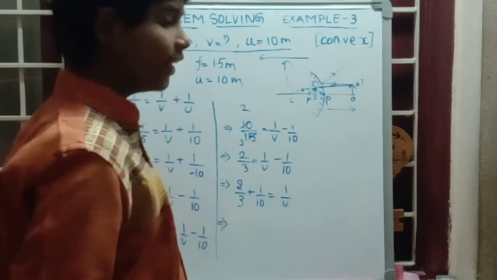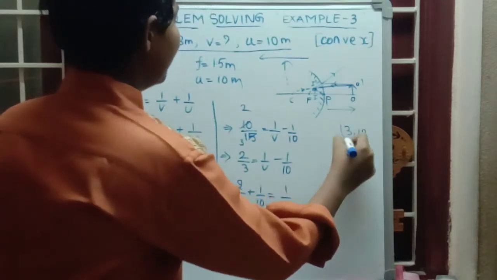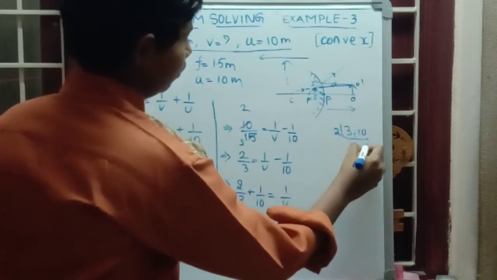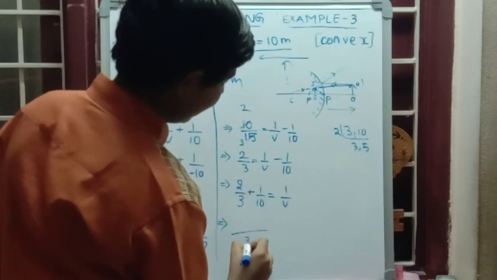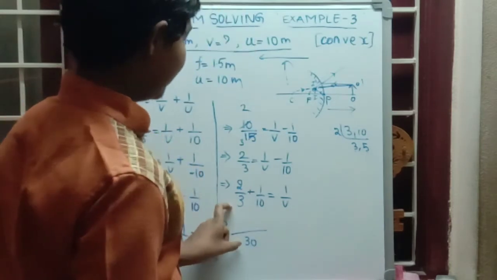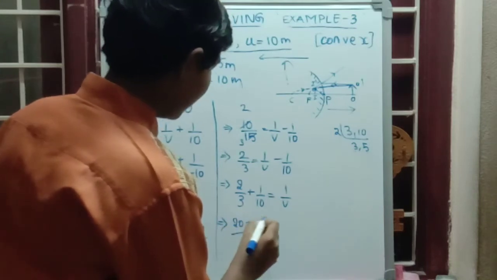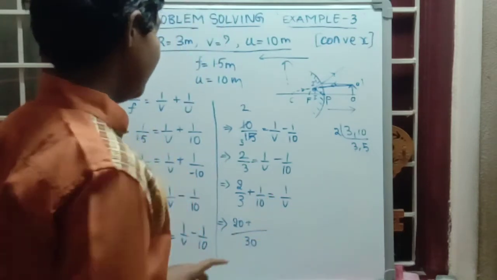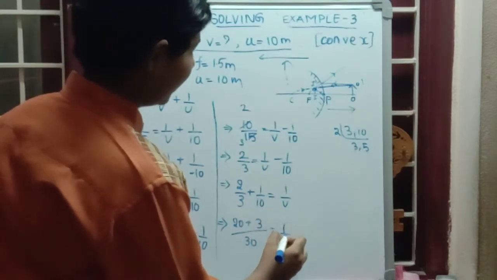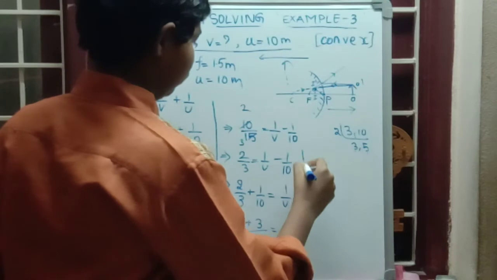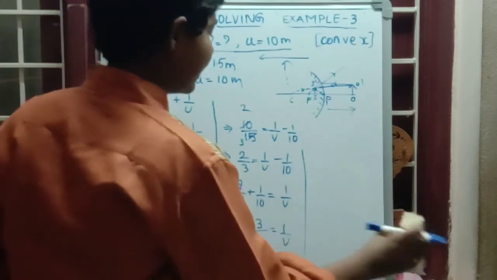LCM of 3 and 10 is 30. 3 goes 10 times here, 10 twos are 20. 20 plus 10 threes are 30, 3 into 1 is 3. That is 1 by V. 20 plus 3 is 23.